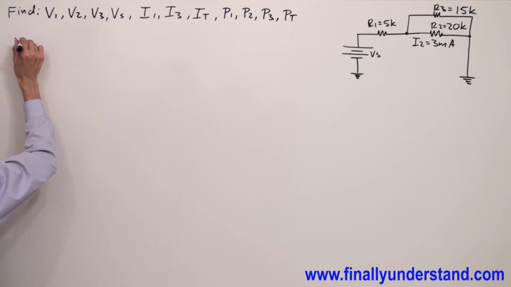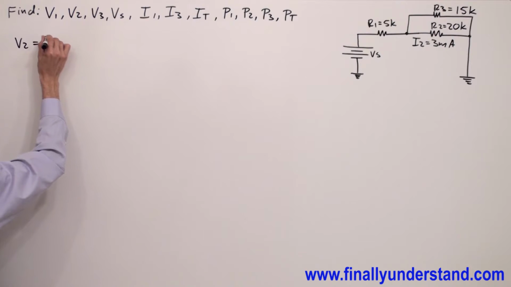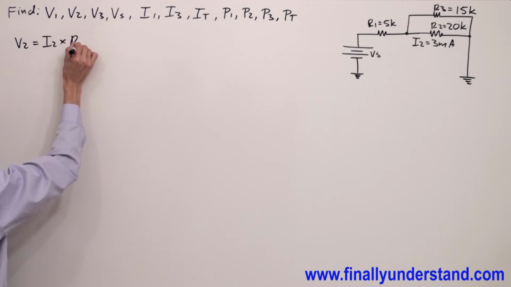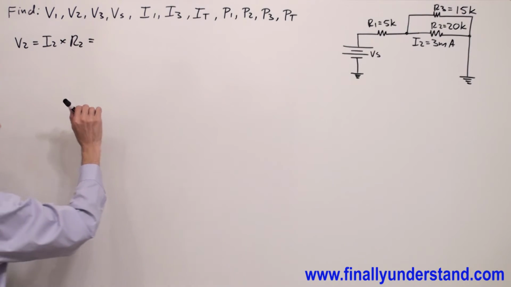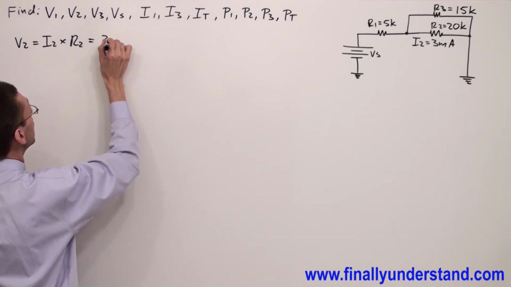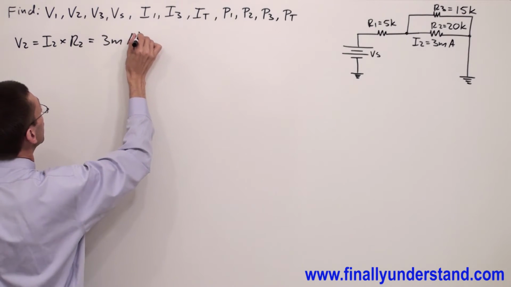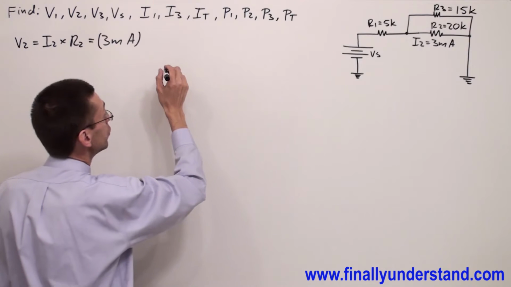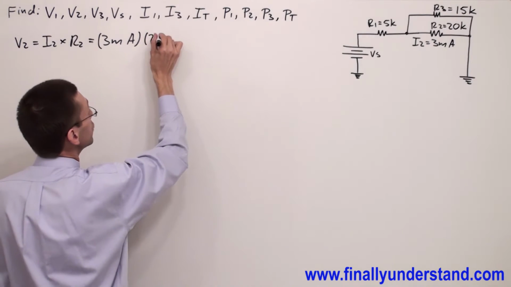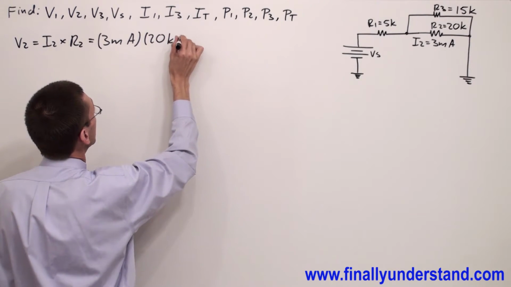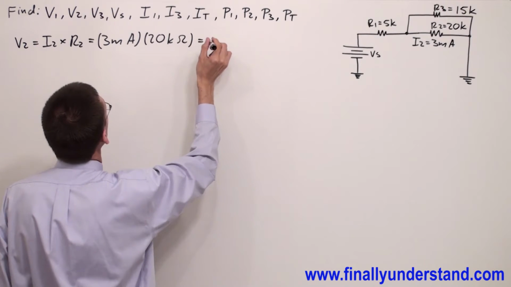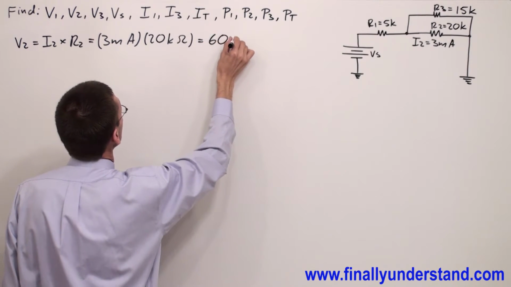So I can say that V2 is equal to I2 times R2, where I2 is equal to 3 milliamps times R2, which is equal to 20 kiloohms. This is equal to 60 volts.